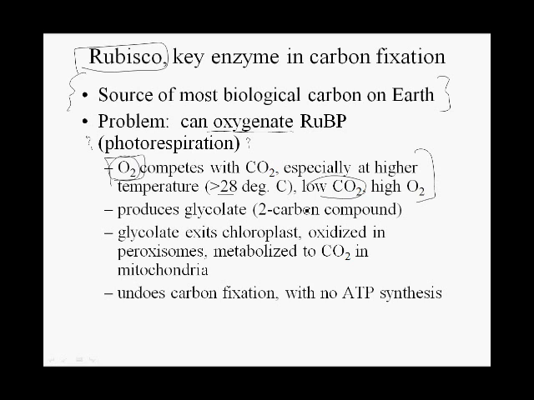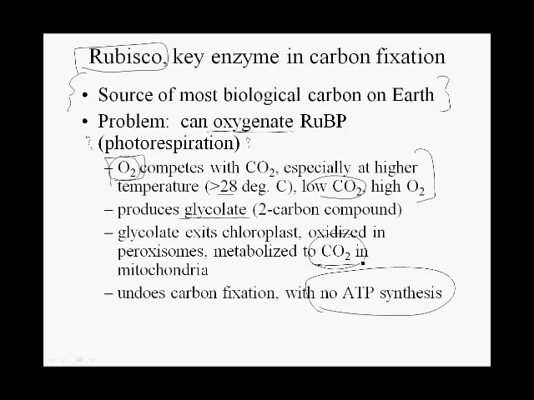Oxygenase activity of Rubisco produces this 2-carbon compound called glycolate. Glycolate goes out of the chloroplast. It becomes oxidized in peroxisomes and is eventually metabolized to release carbon dioxide. But in this process, no ATP is made. So yes, it's oxidizing a carbon compound, but there is no benefit to the cell in terms of ATP production.